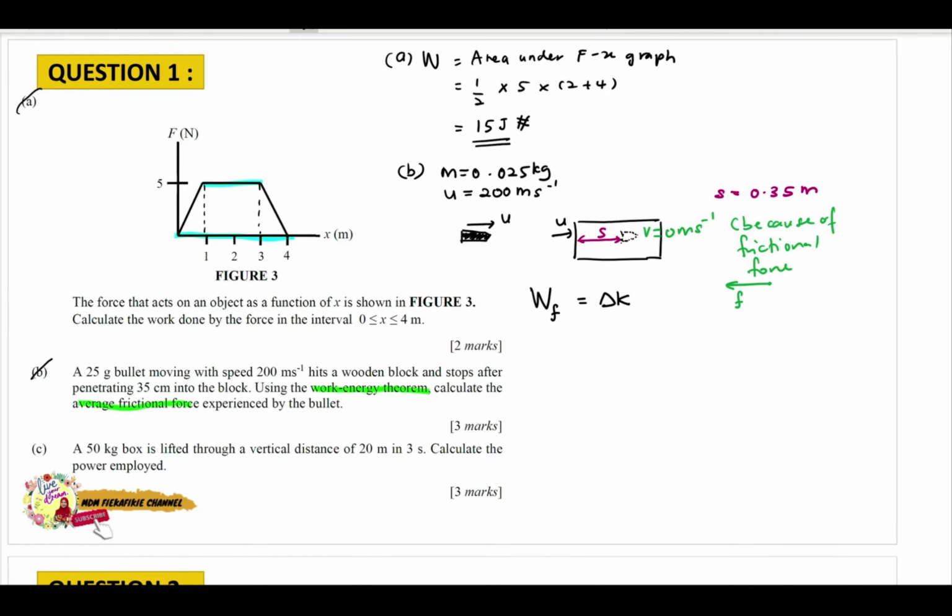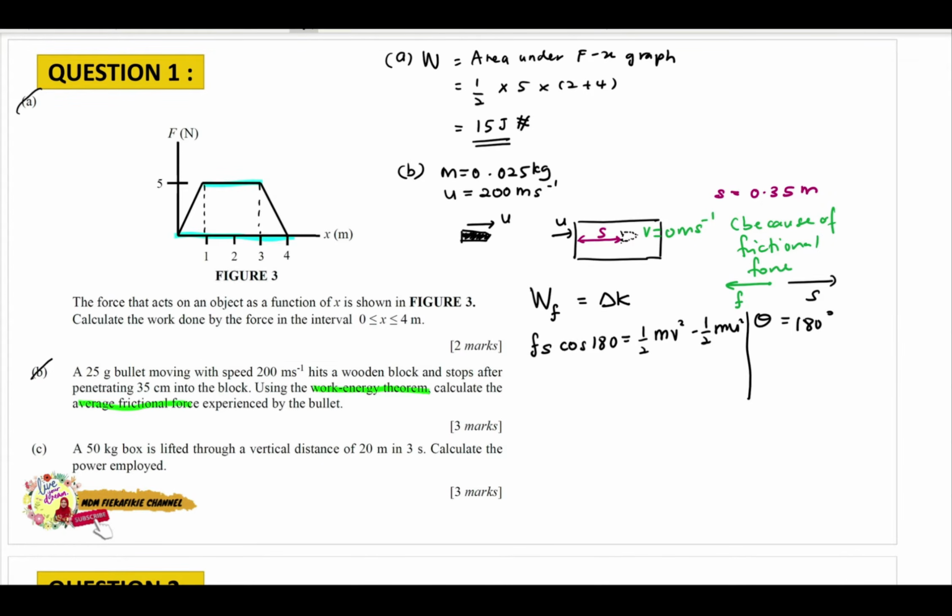Okay, the work done to against the frictional force. Alright, so, F, kalau S ke kanan, S is in this direction, so the angle is 180 degree, right? Okay, so we can write Fs cos 180 is equal to half mv squared minus half mu squared.